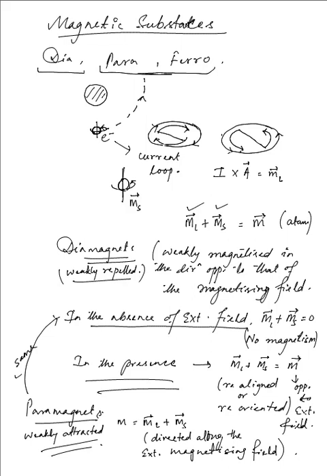So what happens in ferromagnets? Well, in ferromagnets it's a bit different. In the case of ferromagnets, the alignment is somewhat different, in the case that you have here also, in the absence of the field.